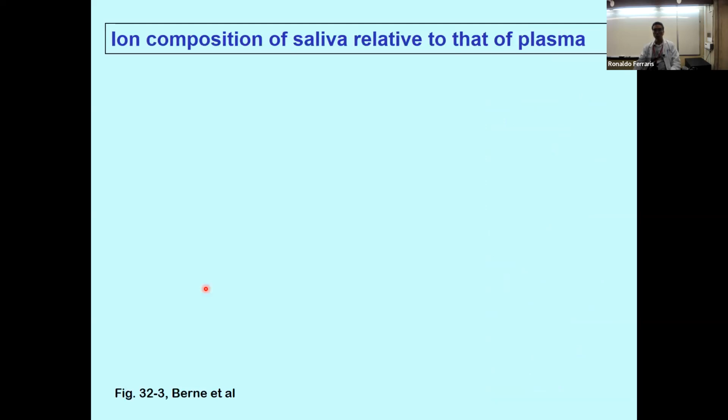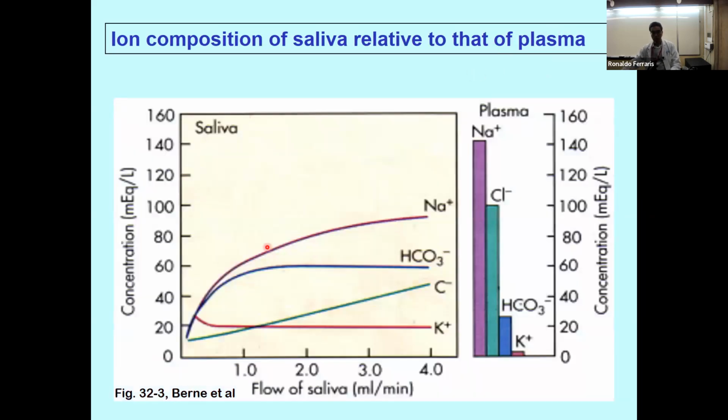Okay, so let's dissect the ion composition of saliva relative to that of plasma. So again, this is the flow of saliva on the x-axis, and the y-axis is concentration of ions.